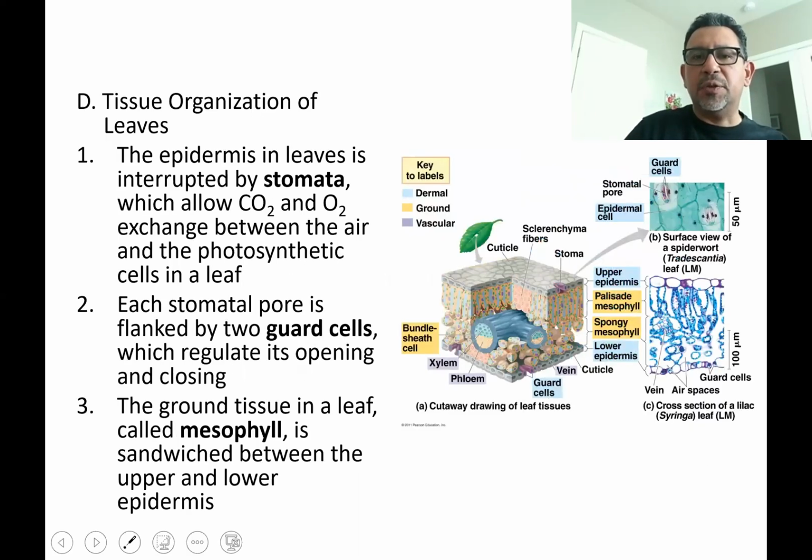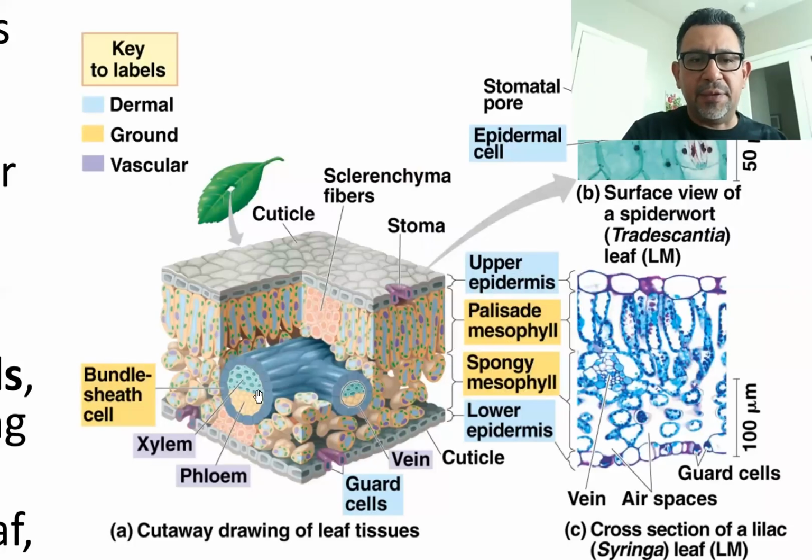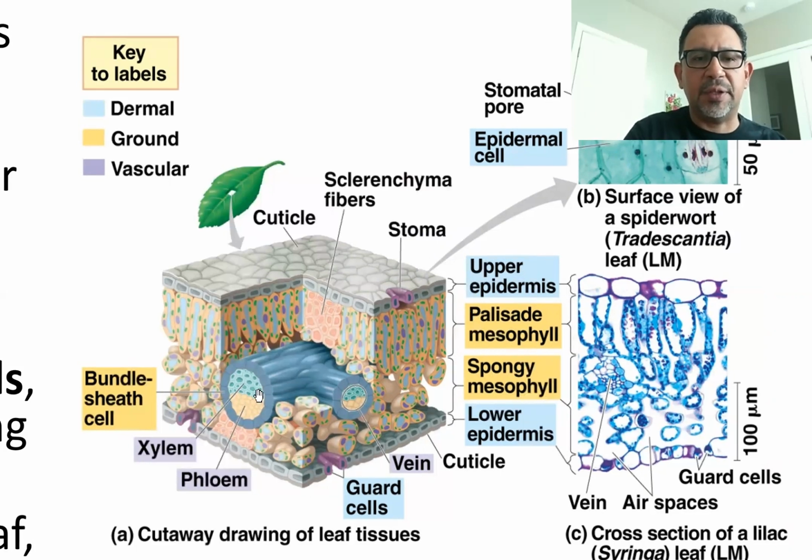In addition to the structures of the epidermis and the cells of the mesophyll, a leaf is also going to have veins. And these veins are going to be the way in which the vascular tissues are going to be arranged.